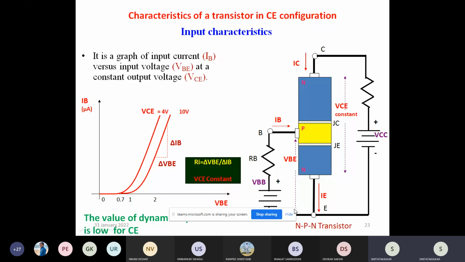That is why the input biasing, on the input side of the emitter-base terminal, is the biasing of the base-emitter voltage.